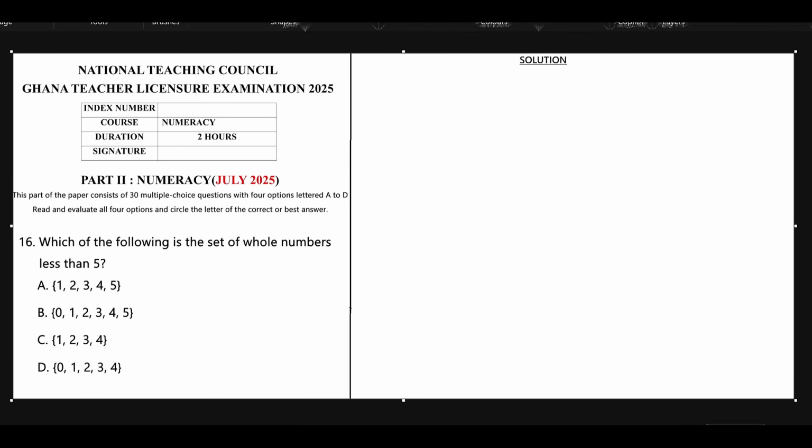Question 16. Which of the following is a set of whole numbers less than 5? We know that whole numbers start from 0 all the way to infinity. So it is endless. It goes on and on and on to infinity.